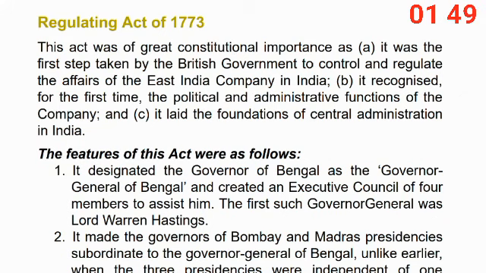This act was of great constitutional importance as it was the first step taken by the British government to control and regulate the affairs of the East India Company in India. It recognized for the first time the political and administrative functions of the company, and it laid the foundations of central administration in India.